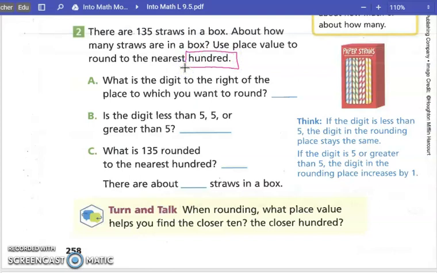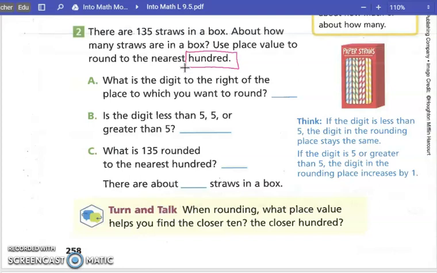Let's read this Think over here. If the digit is less than 5, the digit in the rounding place stays the same. If the digit is 5 or greater than 5, the digit in the rounding place increases by 1.